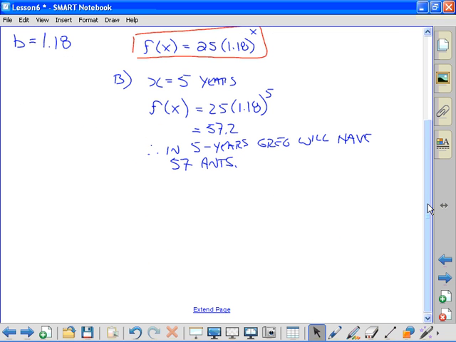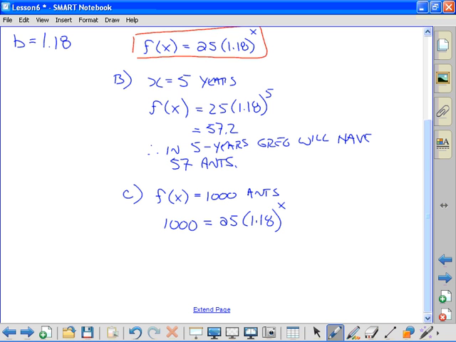How long is it to get to 1,000? So C part. We know the total is going to be 1,000 ants. So using our model, 1,000 would equal 25, 1.18 to the x. We're looking for an exponent, which means we're going to have to use the graphing calculator.